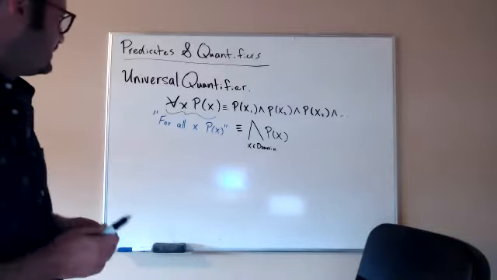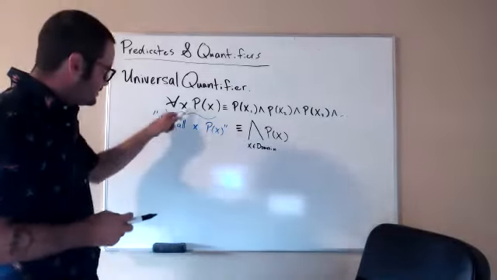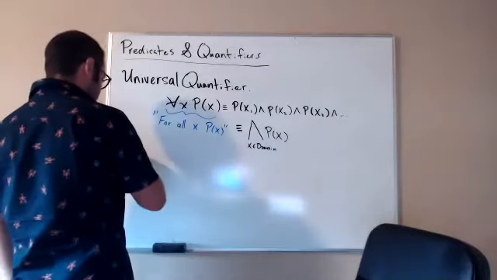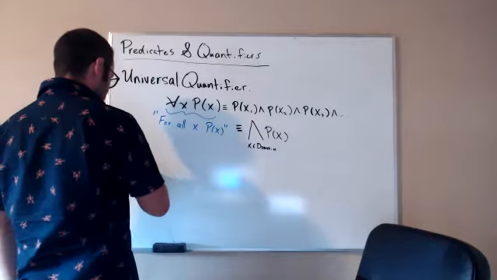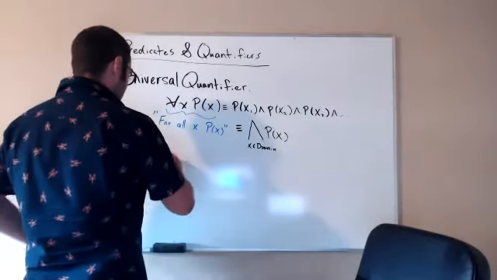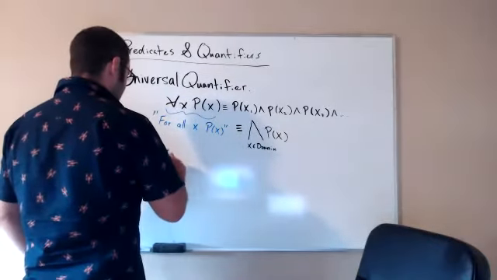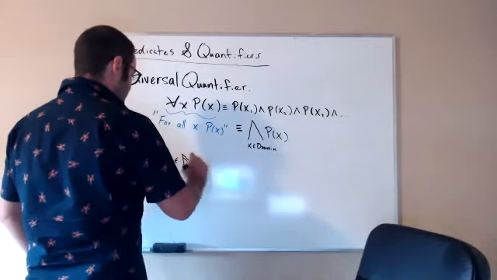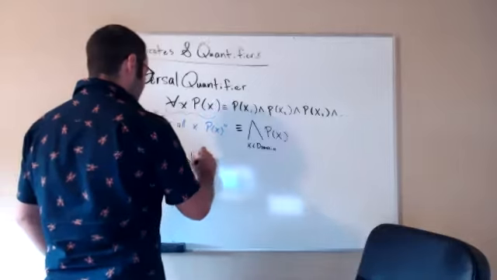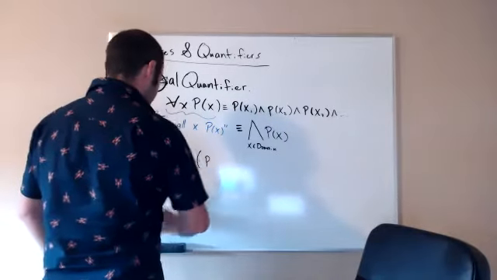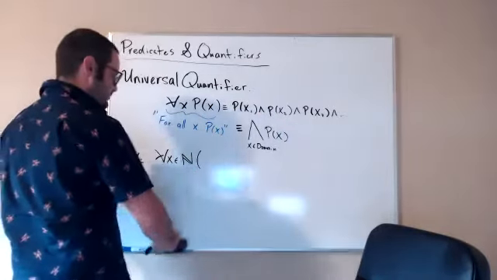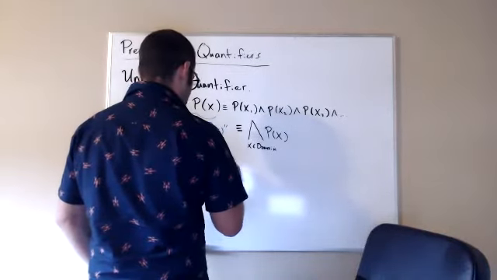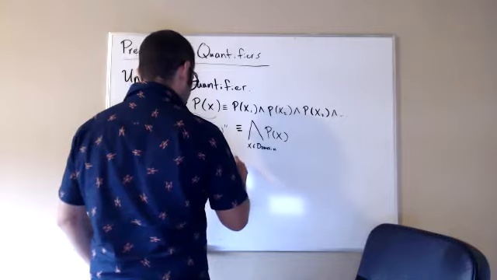Okay? So oftentimes in here, you'll specify the domain. For example, we can say for all x that are natural numbers, and then we can say P of x will be the statement x greater than 0.